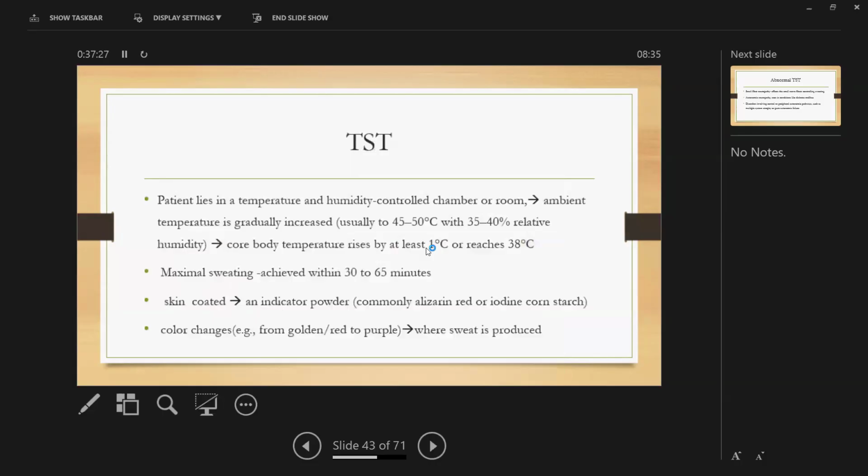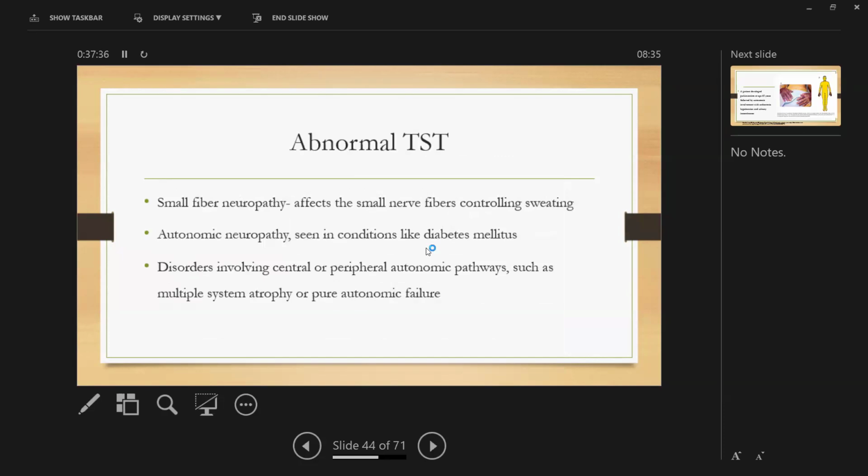If no color change occurs properly, it indicates absence of sweating and a sudomotor dysfunction. As I already told, an abnormal TST can be seen in both central autonomic dysfunction and peripheral autonomic dysfunction, like small fiber neuropathy, and diabetes mellitus also.